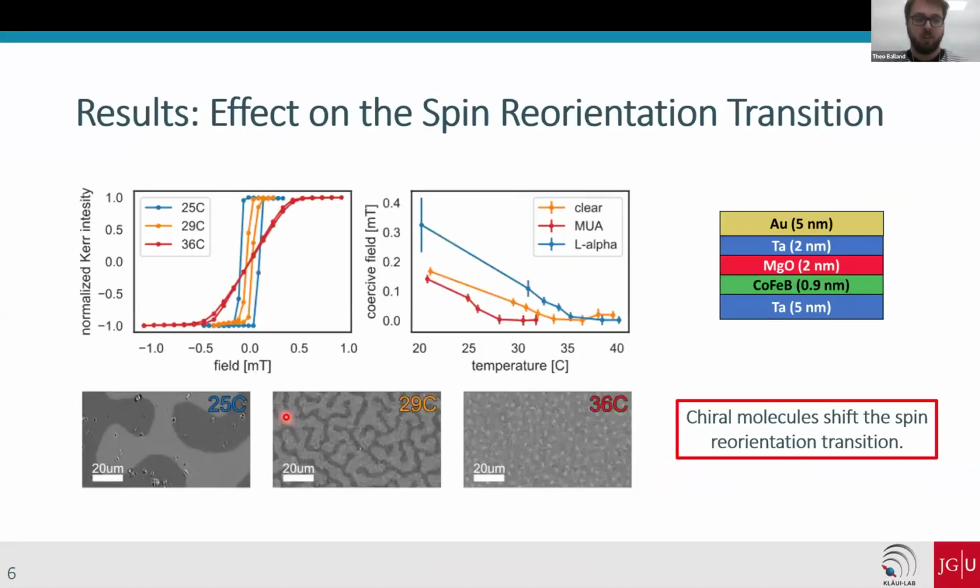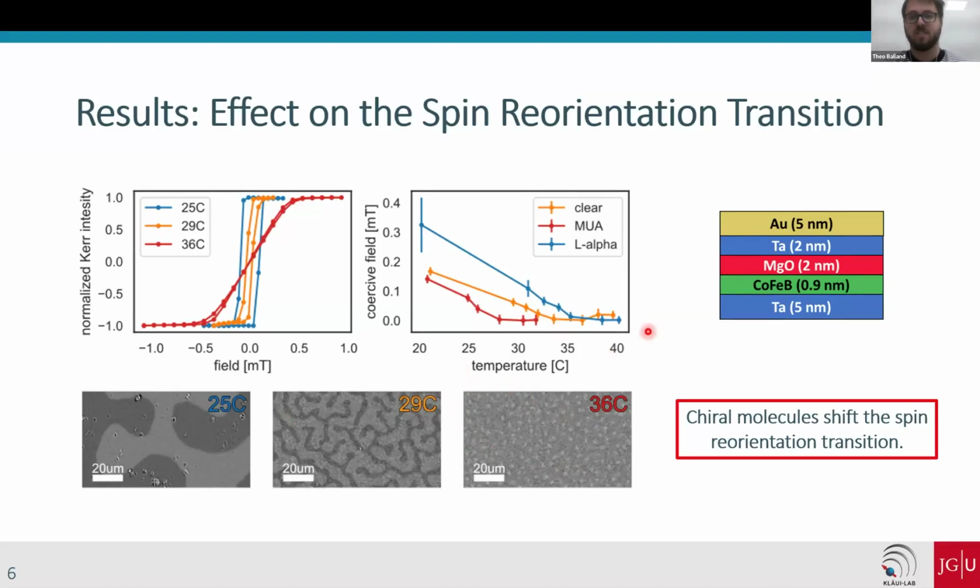First, we measure the out-of-plane magnetization curves in samples with and without molecules at several temperatures. This measurement allows us to determine at what temperature we reach the spin reorientation transition, where we will get more stable skyrmions. This transition is characterized by a coercive field that reaches a minimal value.